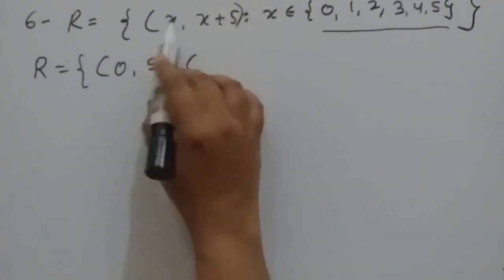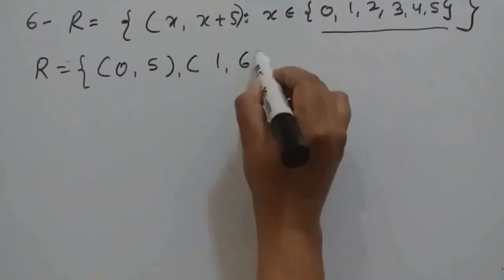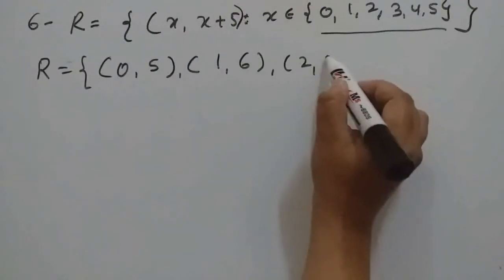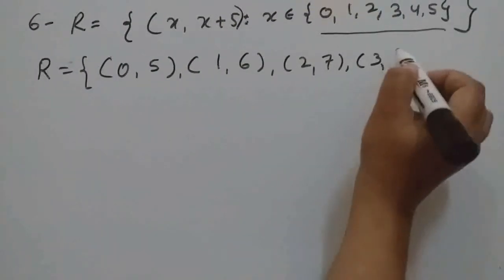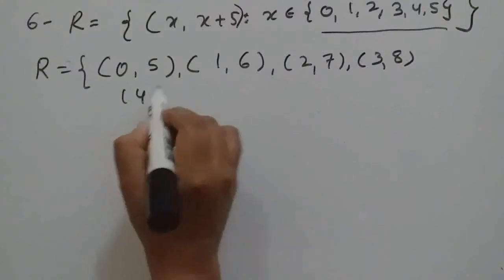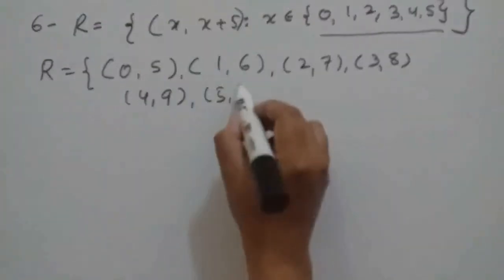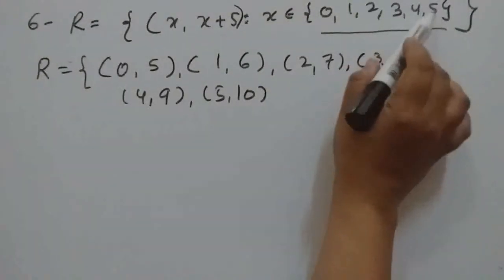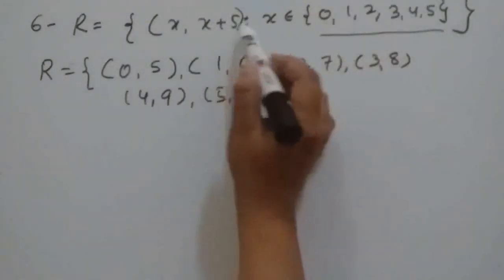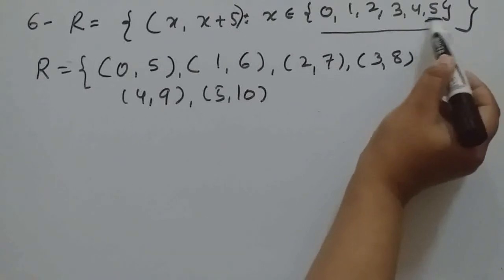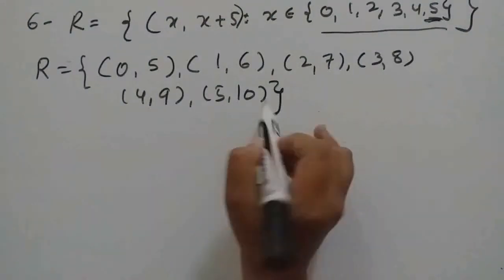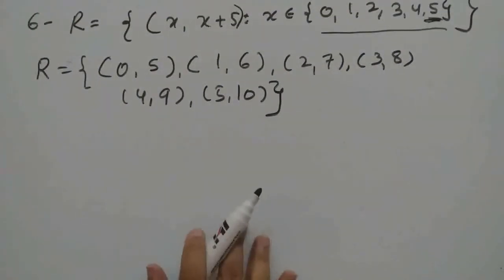Then 1 gives 1 plus 5, 6. Then 2, so 7, 3, 8, 4, 9 will come. Then 5, so 10. Then (6, 11) won't come because the last element in this set is 5.